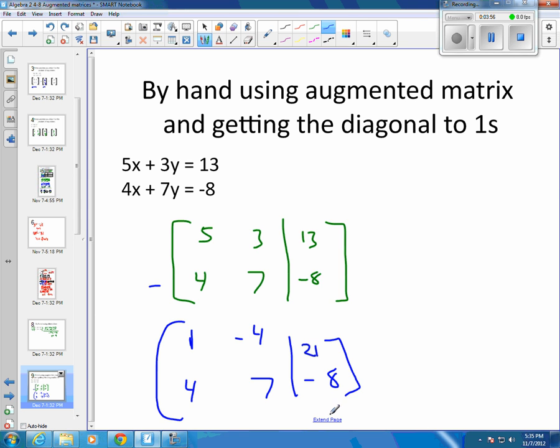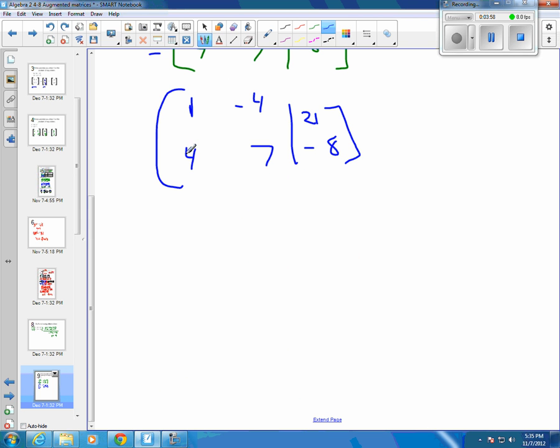Next thing I want to do is make that into a 0. First thing I want to do is I am good with keeping my 1 here, right? So then I need to make this into a 0. To make that a 0, I need to multiply the top one by a -4 and then add.